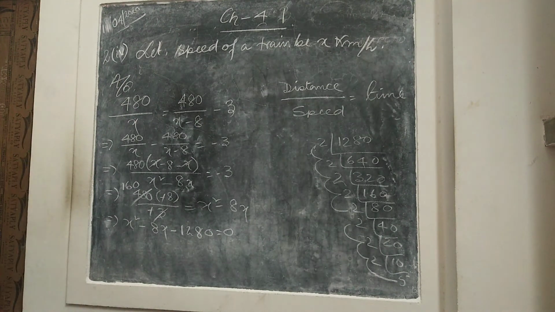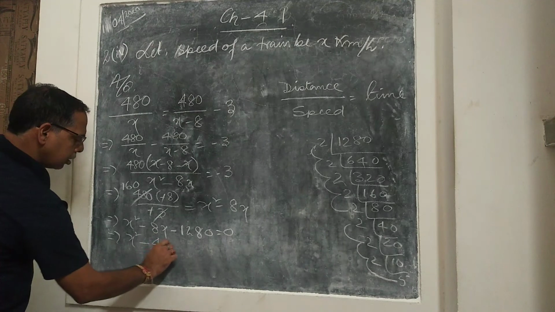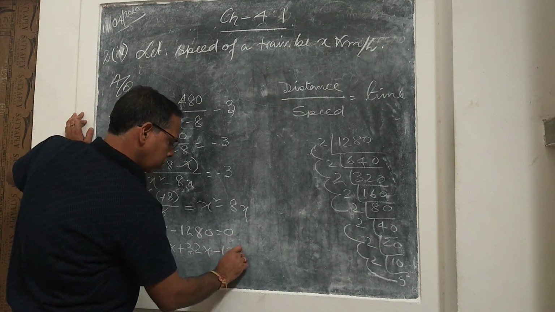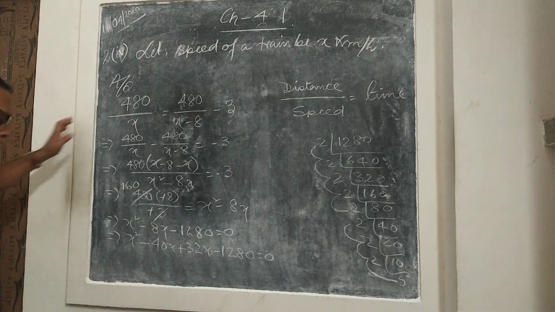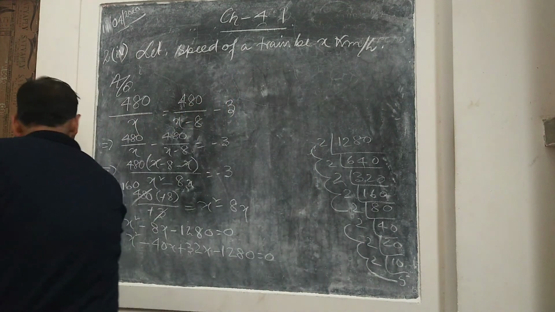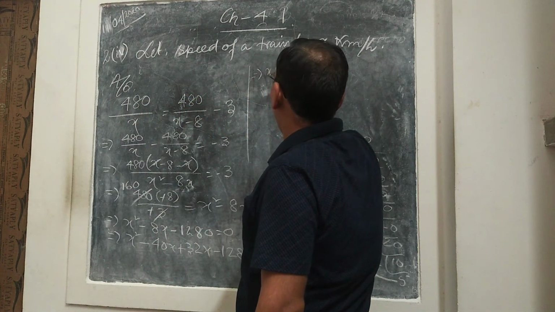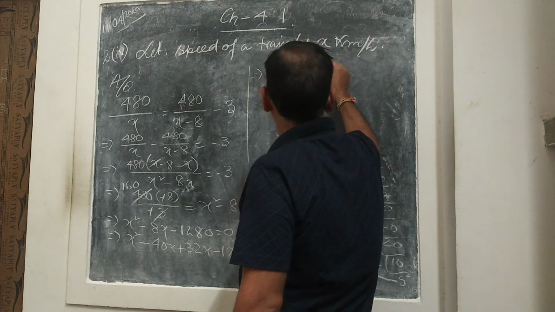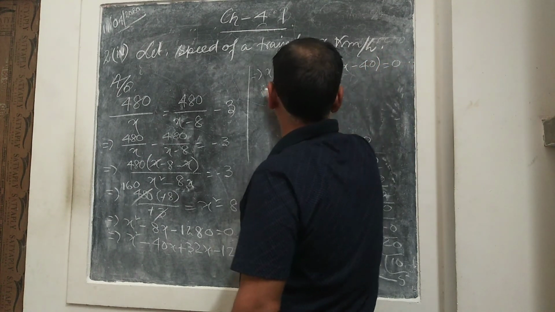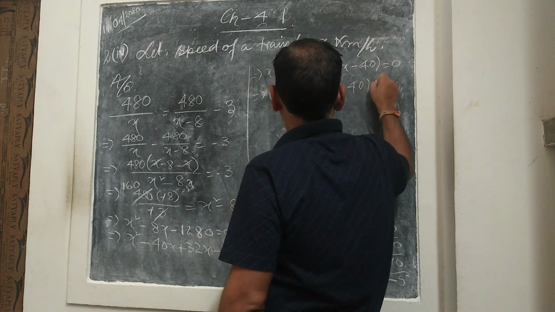So what will you do? Here, x square minus 40x plus 32x minus 1280 equals 0. Then x common: x minus 40, then 32 common: x minus 40, equals 0. So (x plus 32)(x minus 40) equals 0.